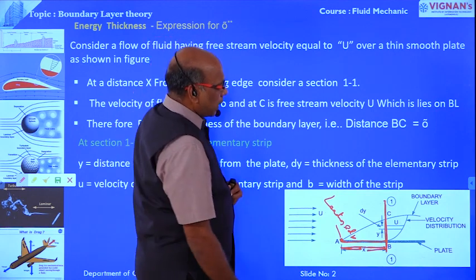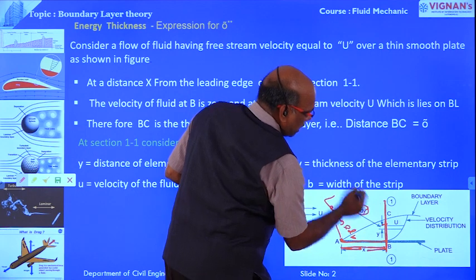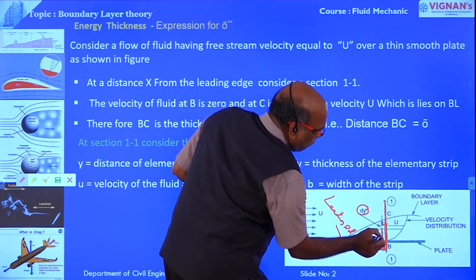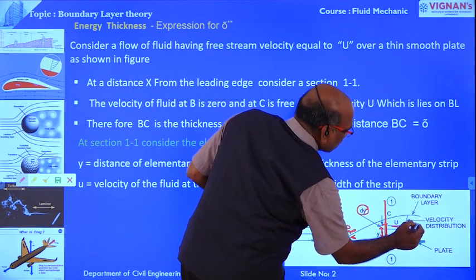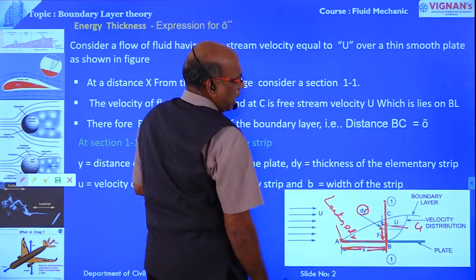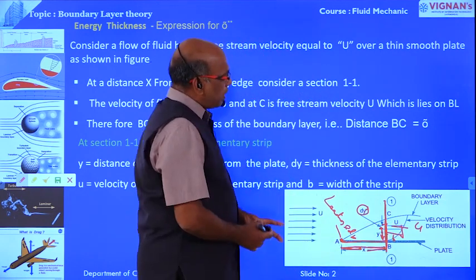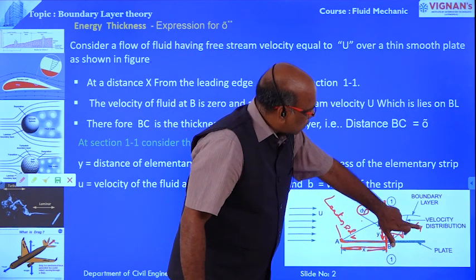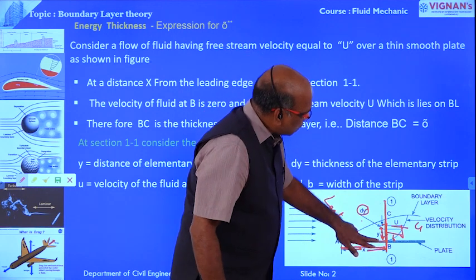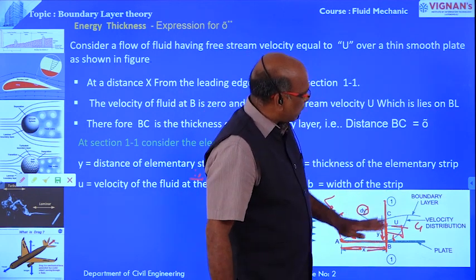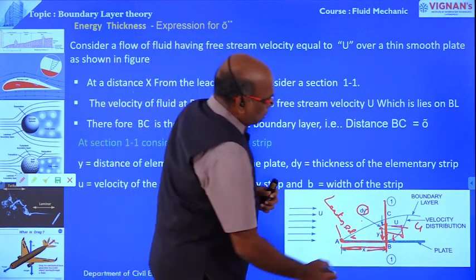Now we are going to take one small strip. The depth of the small strip is equal to dy, that is y distance from the boundary, and the velocity over the strip is small u, and the width of the strip is b. Right? Here also the velocity varies.